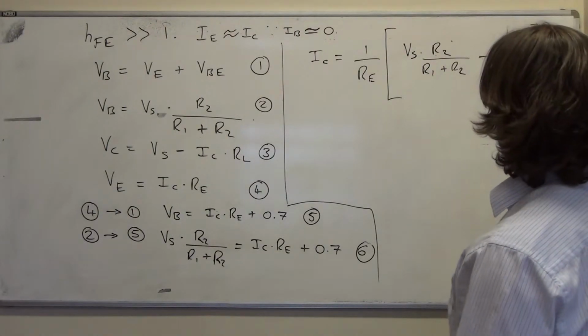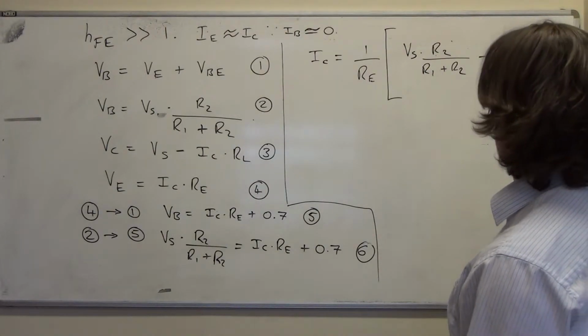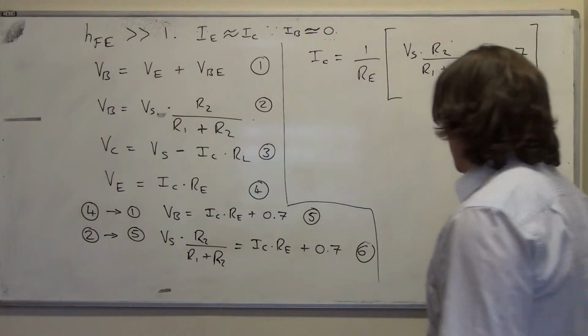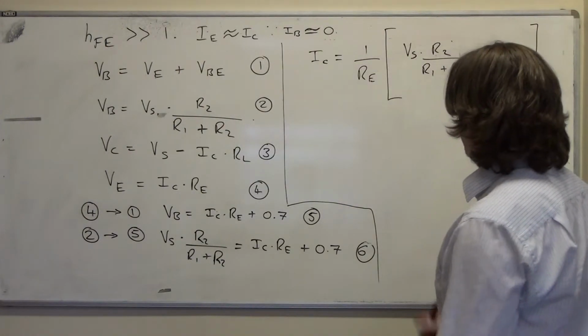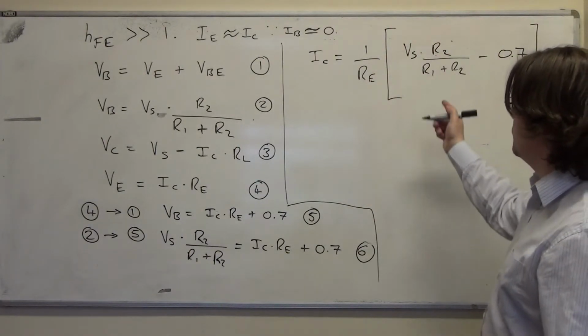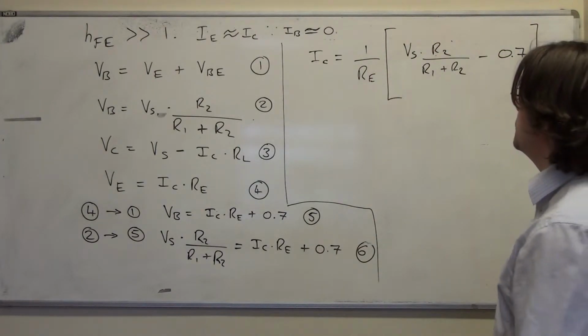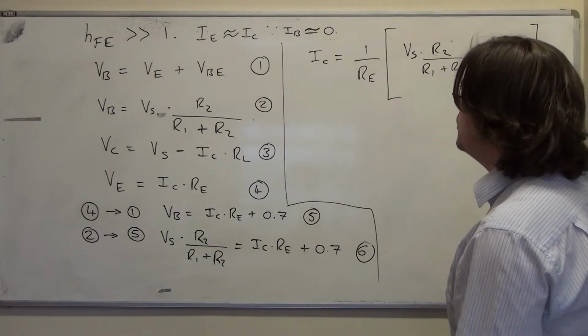Alright? Yeah, that's right. So we'll call this, I'm not going to call it 7 because all I've done is shuffle the terms in 6 about to make them a bit more useful to me.